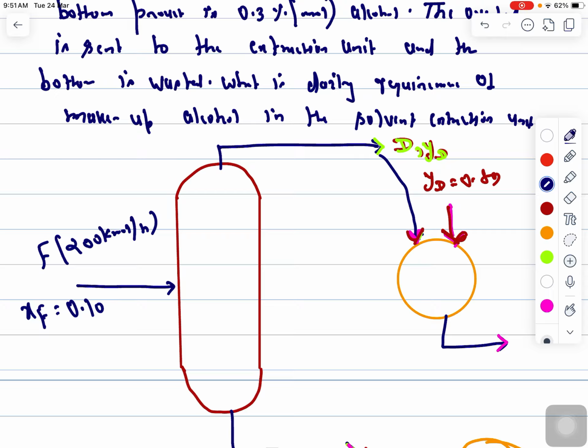Till now I have not seen any question in GATE or BARC or any other exam where they have used two unit operations together, like absorption and distillation, or extraction and distillation. These kinds of questions we will solve in the next lecture.